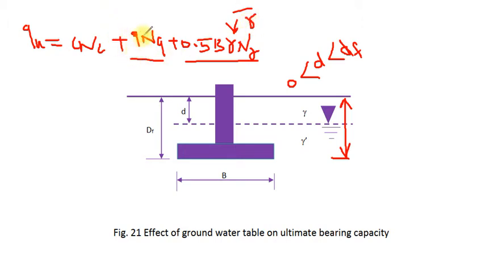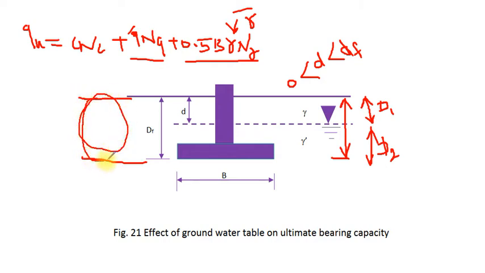And in the second term, let us assume the distance from the water table to the ground level equals D1, and the distance from the water table to the base of the foundation equals D2. q dash is the surcharge of the soil, and equals gamma dash multiplied by DF.